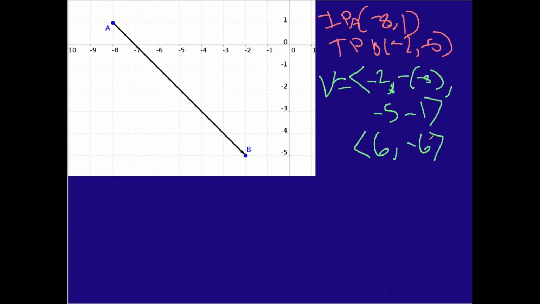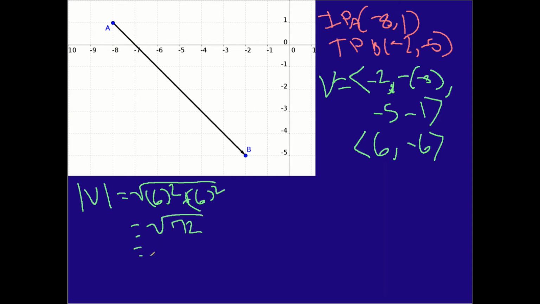Now that we're in standard position, we can use this information to find the magnitude and the direction. So let's first address the magnitude. Whenever you put this absolute value sign, it means magnitude basically. It's going to equal the square root of 6 squared plus 6 squared, and so that's going to equal the square root of 72.